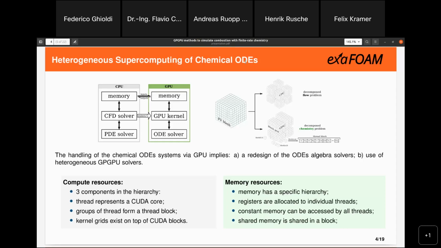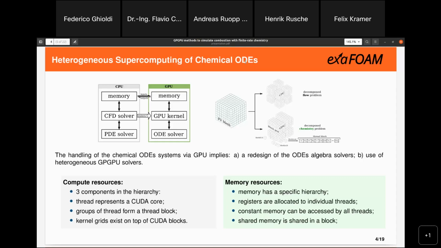So talking about how we physically do this, you need to think about the fact that the fluid dynamic problem is solved on the CPU in the same way as it is solved now by relying on the MPI libraries. So you decompose your domain exactly as you do right now for the fluid dynamics. Then when it's the time to solve the ODEs, you need to transfer the data from the CPU to the GPU.